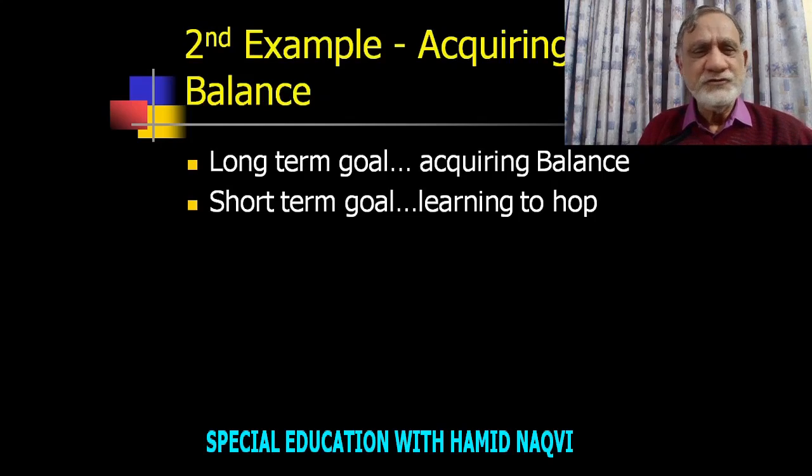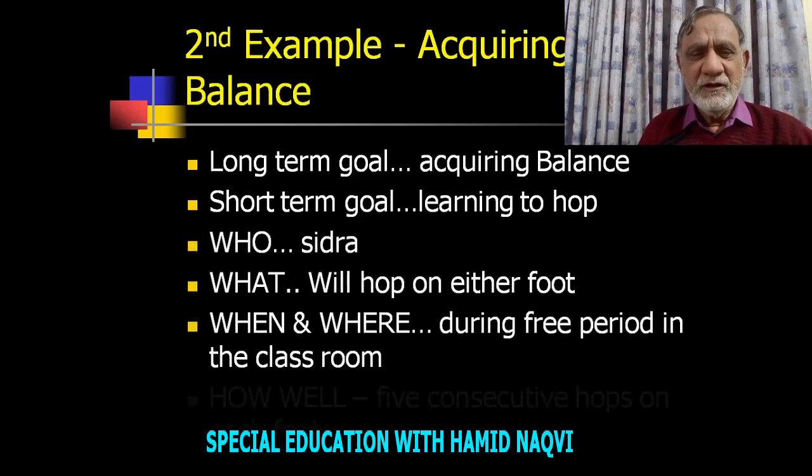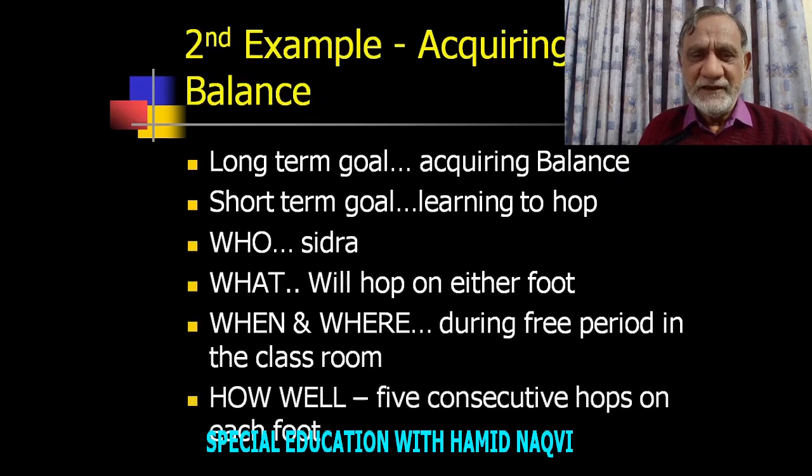And the short-term goals, quarterly goals, are learning to hop. Once he would hop, the hopping would increase. At the end, it is expected, the physiotherapist and the occupational therapist, who has minutely worked out his fine motor skills and gross motor skills, has told us that it would be like this.